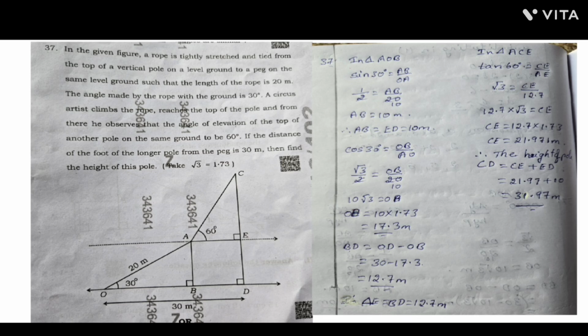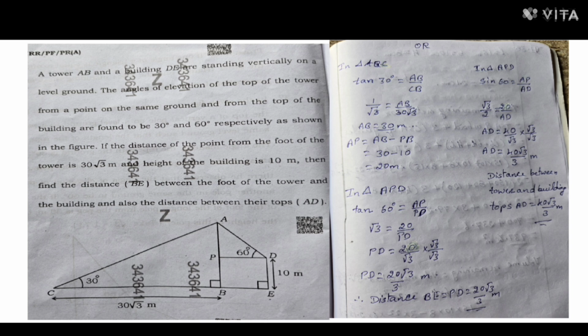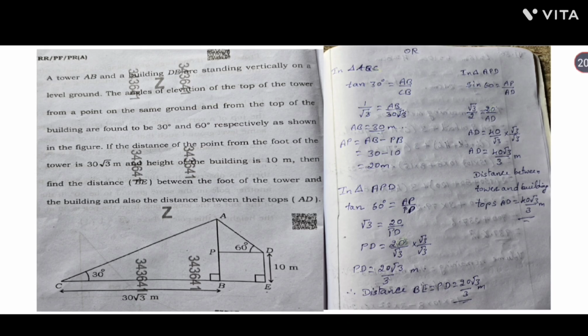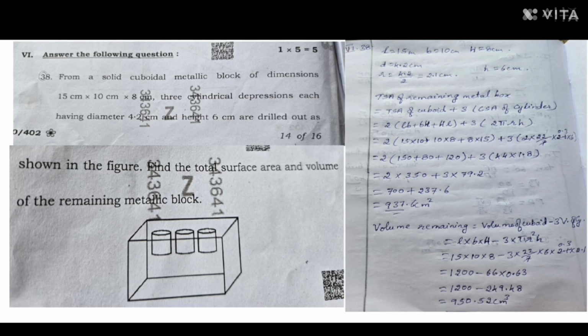Next, using triangle ACE, you are finding CE. After that, you are finding the CD length. Go through the answer. Again using tan 30 from triangle APC, you are finding the AP length. In triangle APD using tan 60, you are finding PD. After getting PD, you are finding AD using triangle APD.